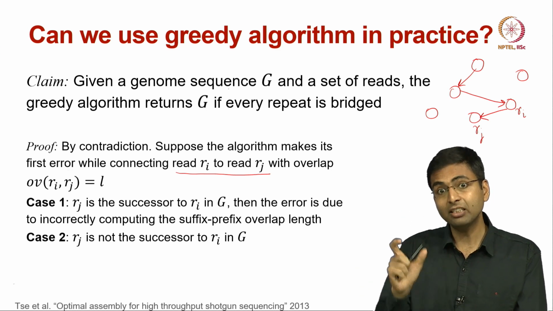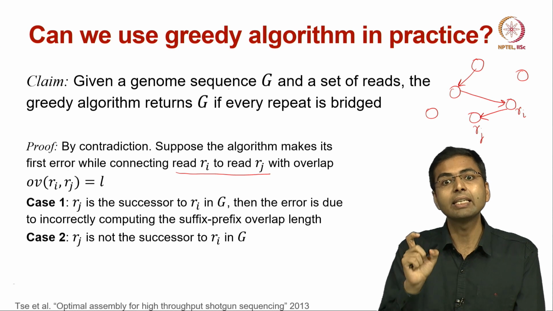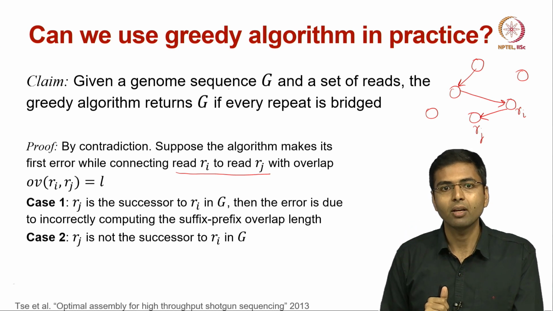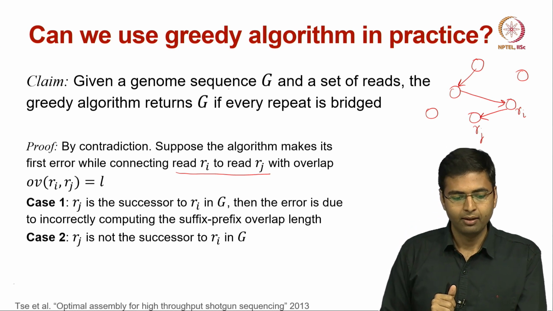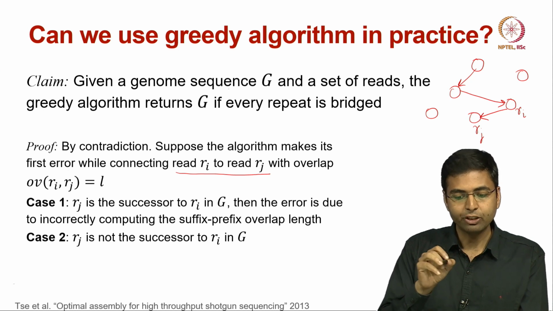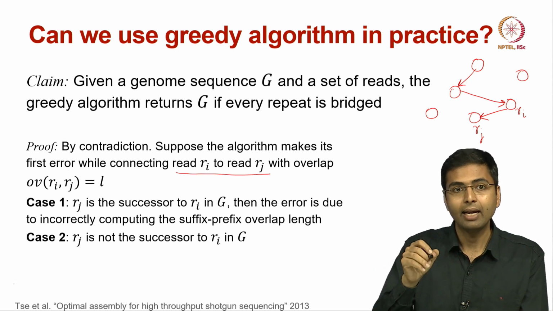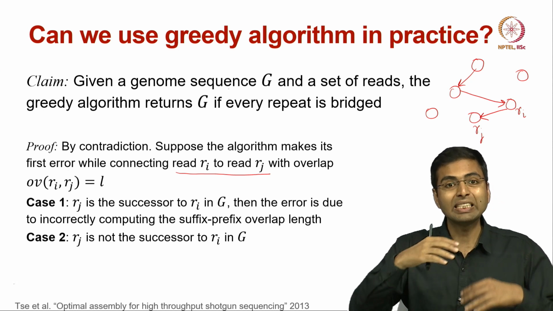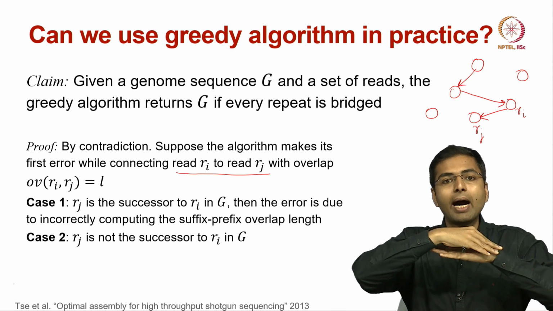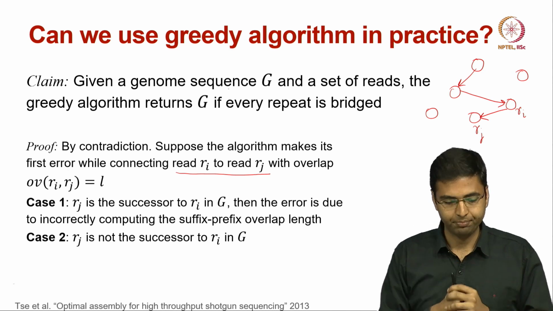So, it connected read Ri to Rj with overlap length L, that is, the maximum suffix prefix overlap length between Ri and Rj is L.